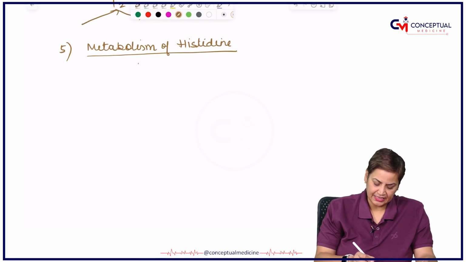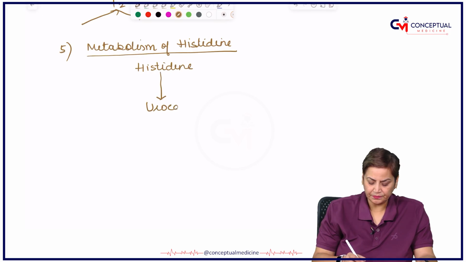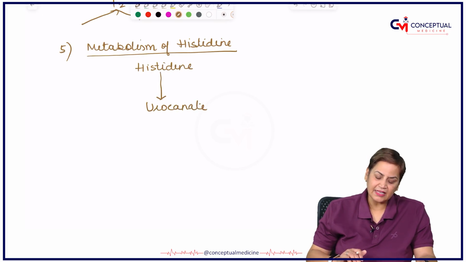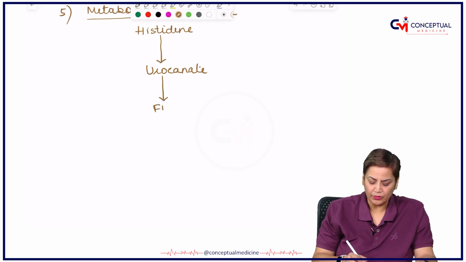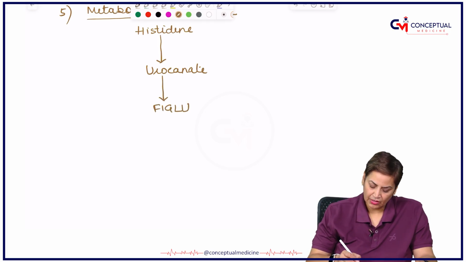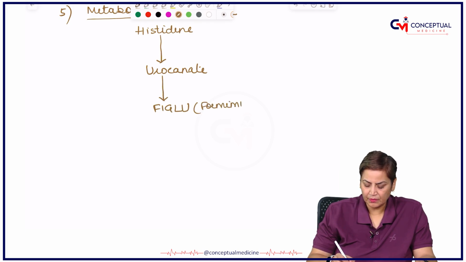So this histidine, when it undergoes degradation, forms urocanate, and this urocanate will be converted into FIGLU. FIGLU, which stands for formimino glutamate.